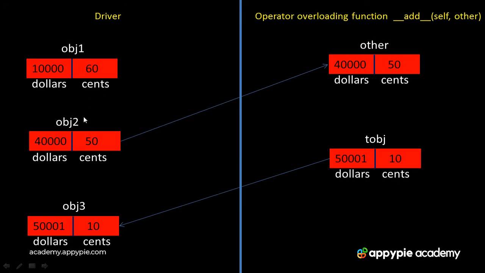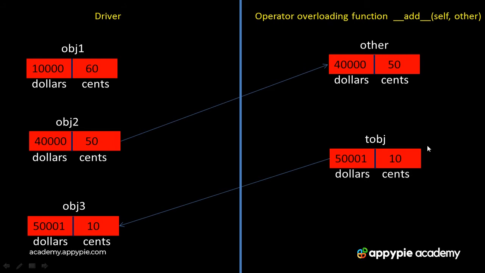So obj1 will become the current object, its values will be automatically available in the operator overloading function, but the values of obj2 would be passed to other. When the control comes into this function, I would take a temporary object tobj that would contain the addition. The values of other are exactly those of obj2, because it has been passed to other: 40,000 and 50.